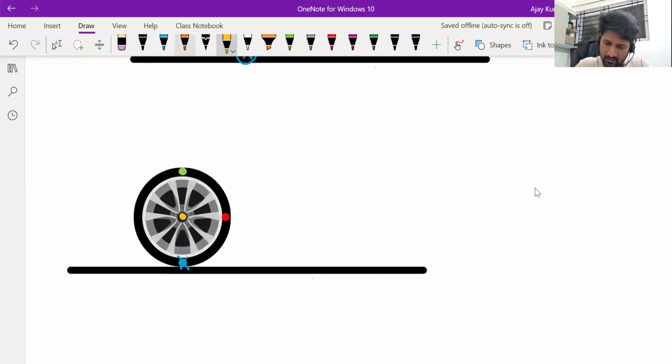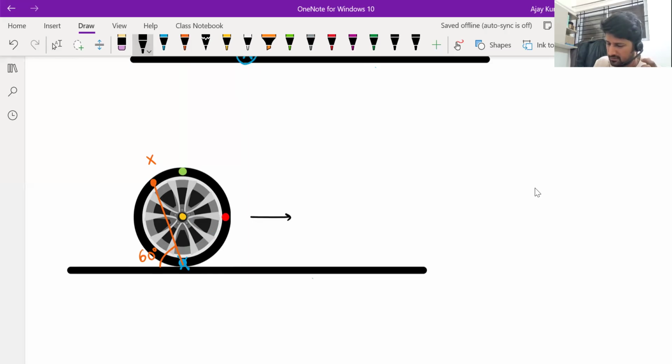Let's mark a particle here. Call it X. And where is X? The line connecting point of contact and X makes an angle 60 degrees with the surface.